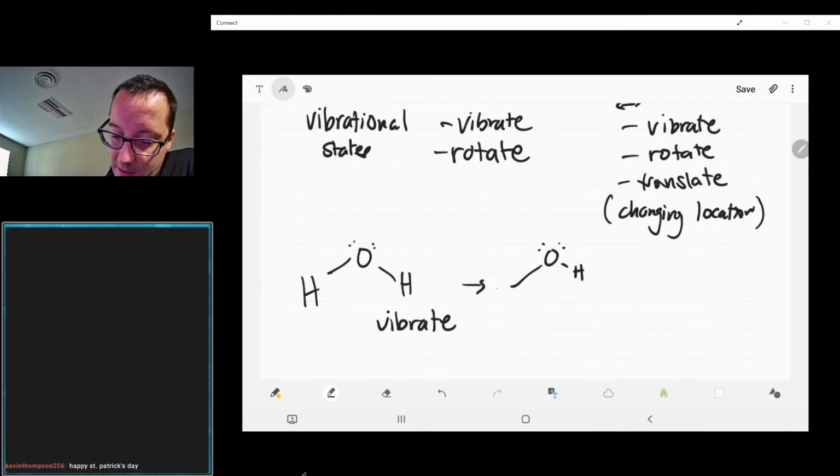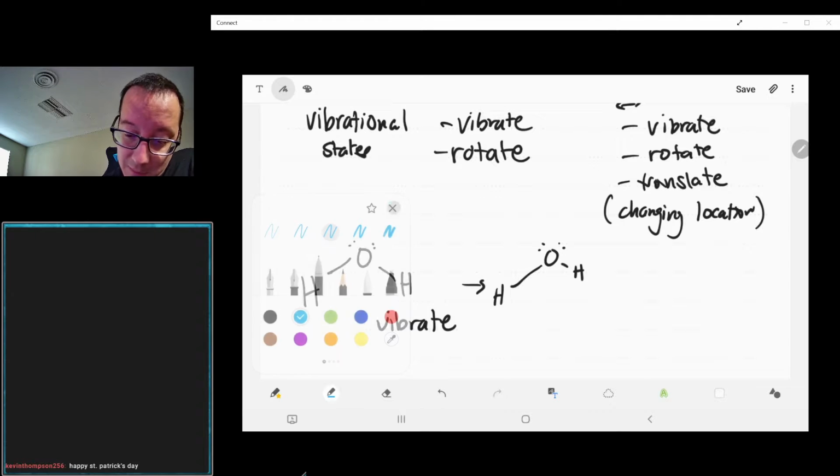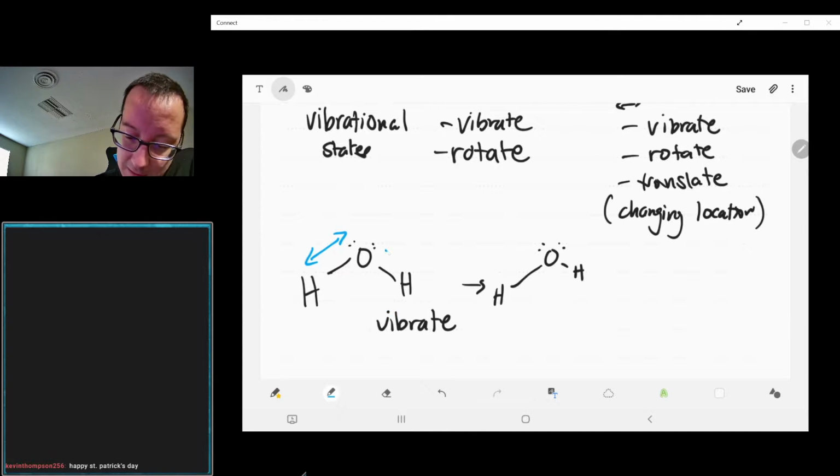Bonds are always vibrating like this. They'll move back and forth. What we call bond length is really the average bond length, but bonds are continuously shortening and lengthening. Anyways, they're getting shorter and longer all the time, and that's what vibration is. So these bonds are moving closer and farther away from the oxygen atom. And that's happening all the time. So that's a different state.